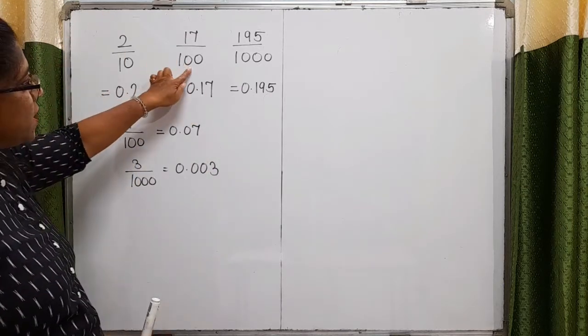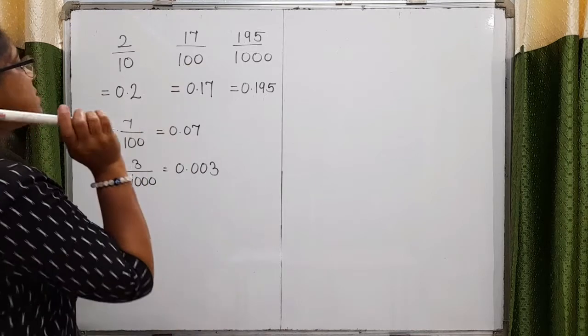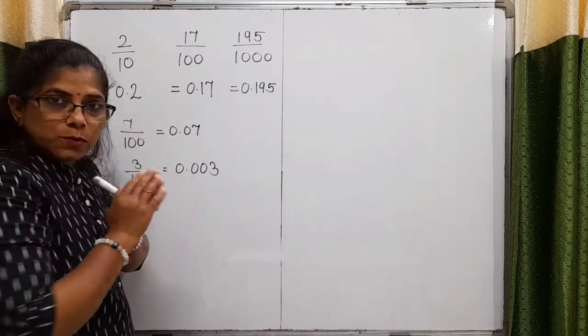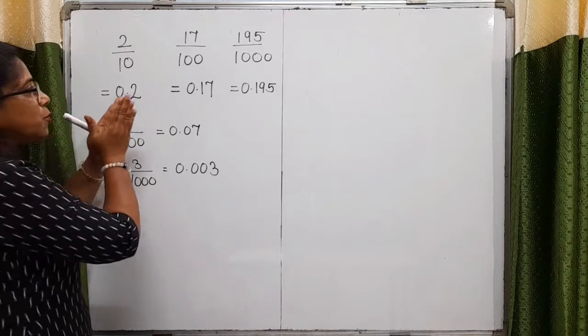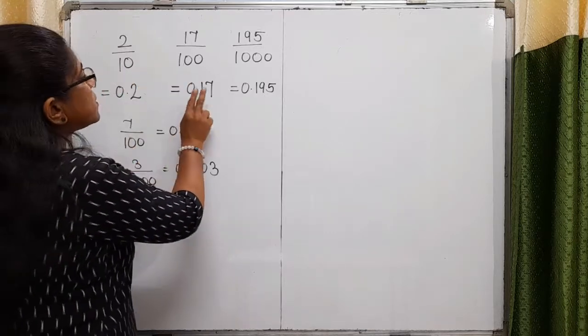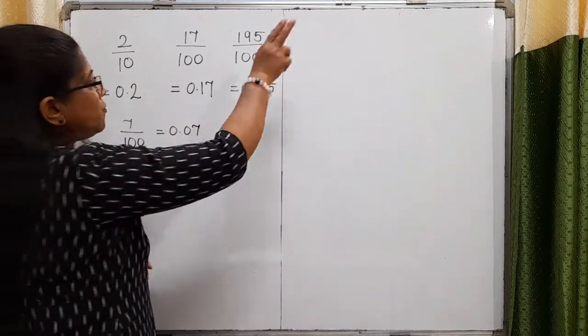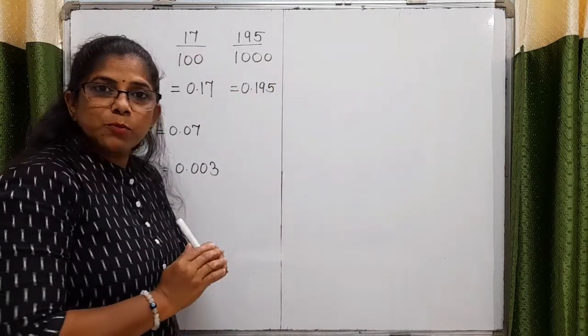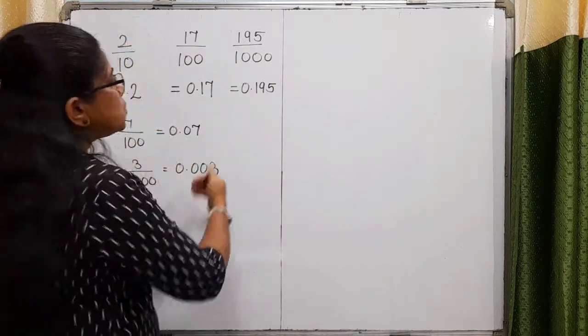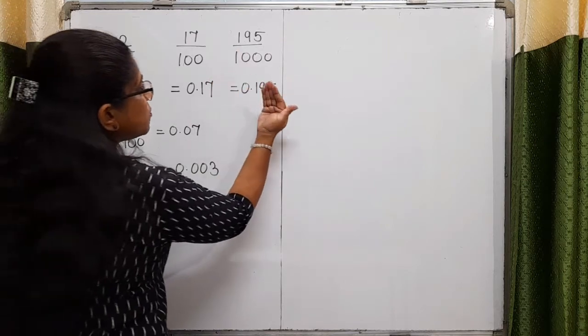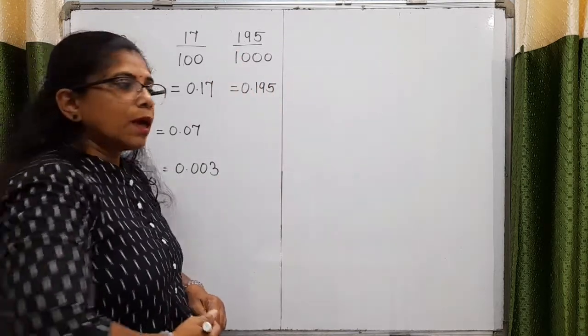If the denominator is 100, number of zeros is 2, so the number of digits after the decimal point is 2. If the denominator is 1000, number of zeros is 3, so the number of digits after the decimal point is 3.